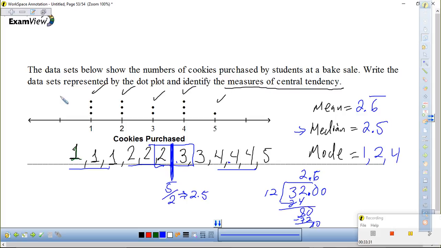Oh, the frequency. Yeah, because we first need the data set. Notice here they asked for the data set. If they were asking for frequency, then you would say the frequency on this one is 3, 3, 2, 3, and 1. Okay? All right, let's move on. That was 24.